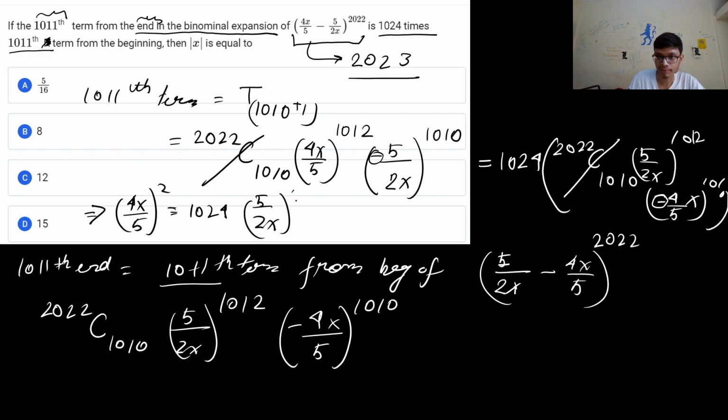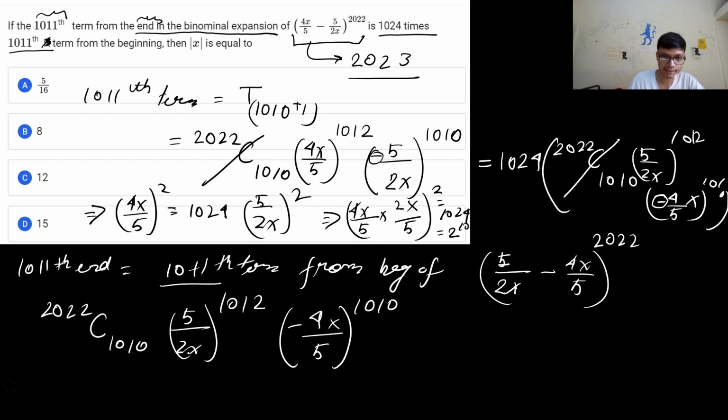(2x) whole square. So from here, if I cross multiply both sides, I will get it as (4x by 5) into (2x by 5) whole square is equal to 1024, and 1024 is basically a square of 2 to the power 5, that is 32 whole square.